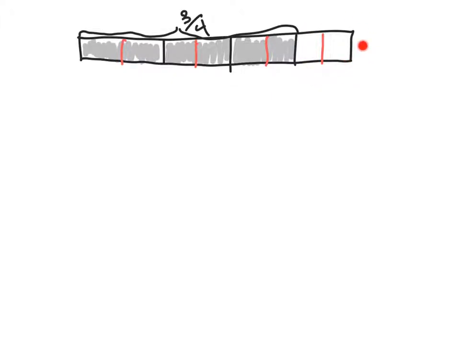Even though this is not shaded in, we still have to count it because it's broken up into 4 pieces. But now we broke it up into 1, 2, 3, 4, 5, 6, 7, 8. So our denominator is going to be 8. So I'm going to make my 8.